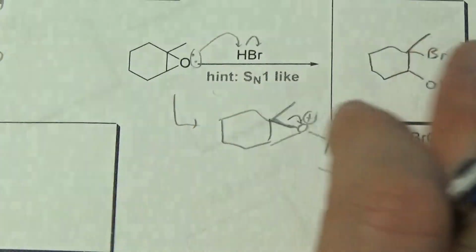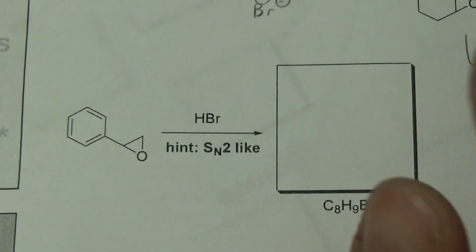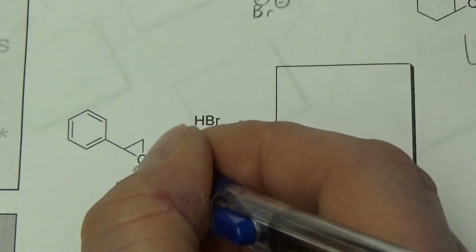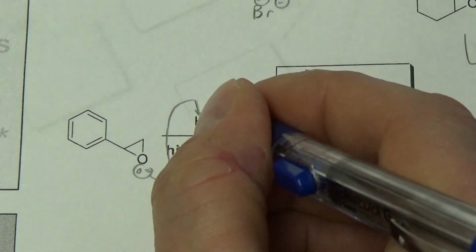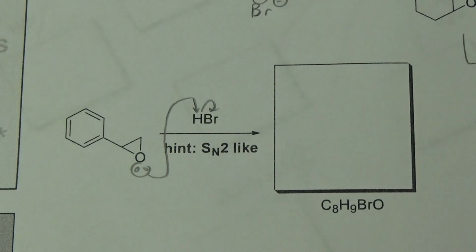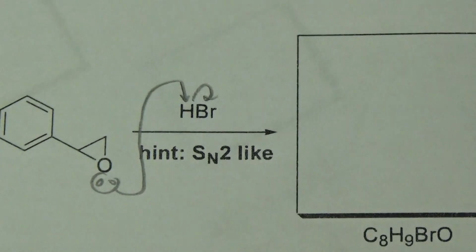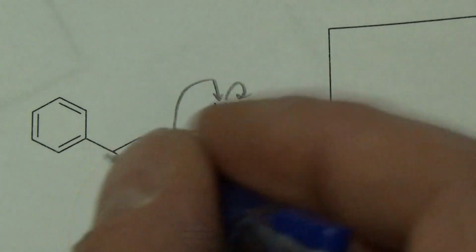Alright. Back to Sn2-like. Circle lone pair attack. Alright. Protonate the epoxide.